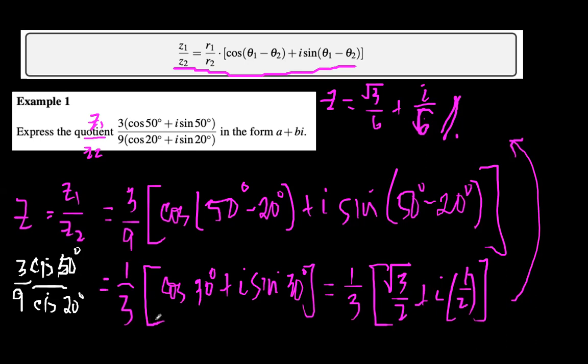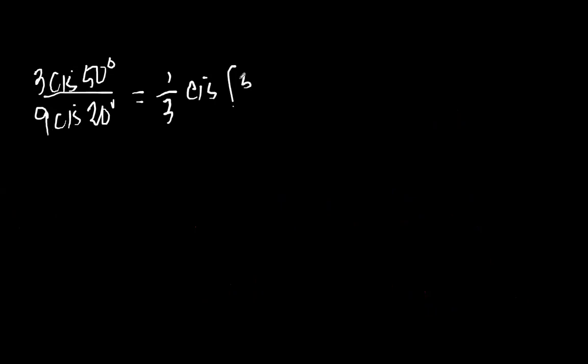So this is 3 cis 50 over 9 cis 20. Tama ba? Okay, so with the use of the quotient of two complex numbers in polar form, 1/3 cis 50 minus 20, which is equal to 1/3 cis 30 degrees.